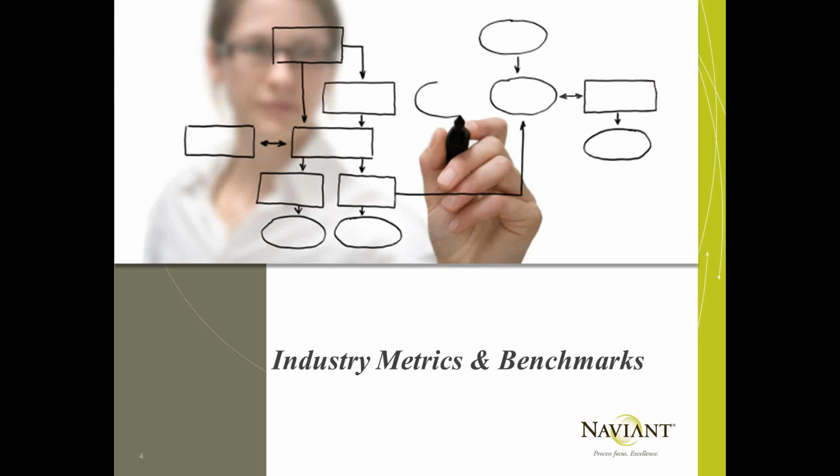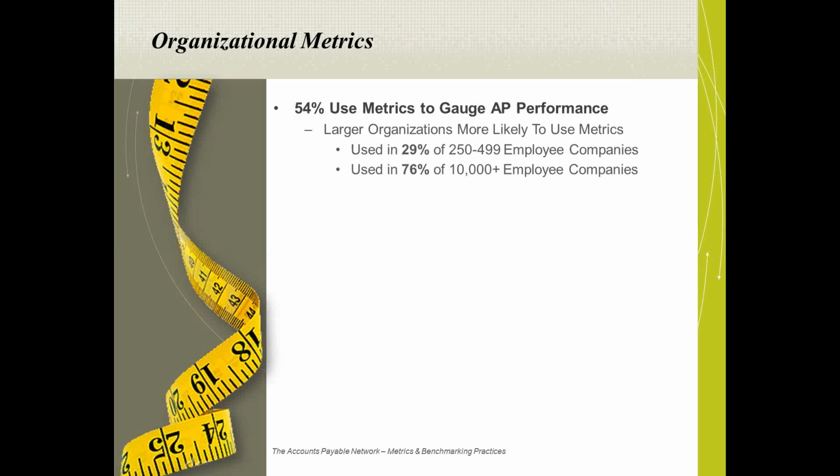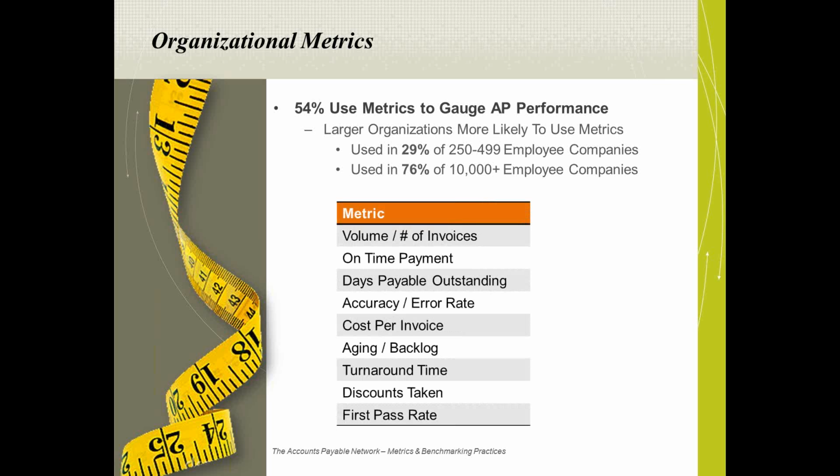Obviously we have 30 minutes, so we're going to be going at a relatively fast pace here. First off, we always like to take a look at some of the industry metrics and benchmarks so that you understand how other organizations are measuring their accounts payable performance. Looking at some of the different surveys that have been done, you'll see Accounts Payable Network popping up here and there. A majority of organizations use some level of metrics to gauge their AP performance, and the larger the organization, the more likely that you use some level of metrics to measure your performance.